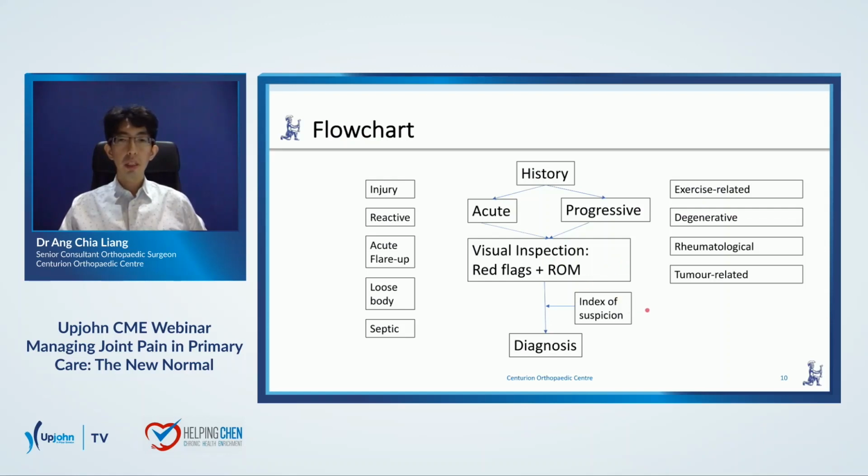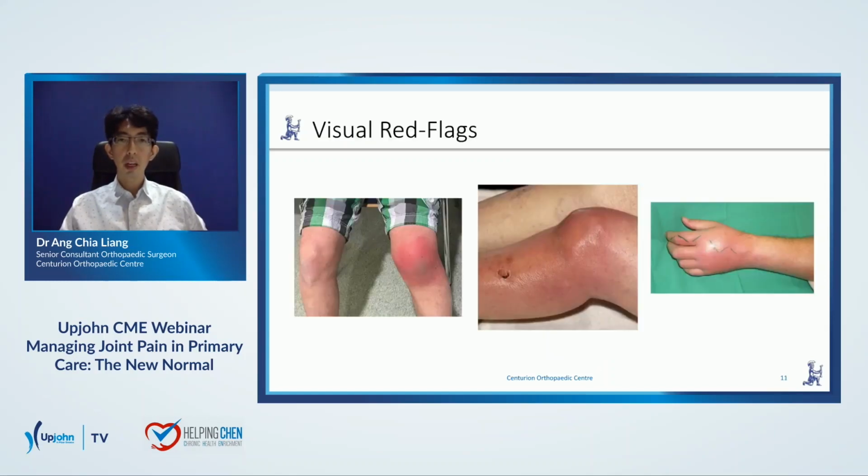After this, this is where your index of suspicion comes in, and then you try and make a diagnosis. Which of these is it? Is it safe to treat through tele, observe for a while, or should you refer to a specialist? And next slide, we will give some examples.